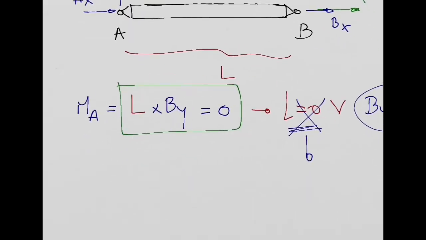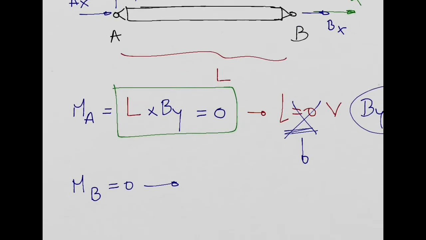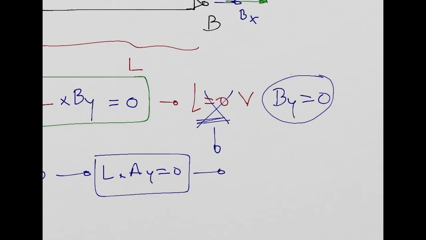If I do the same analysis, now calculating the moment about point B, and saying that moment equal to 0 to be in equilibrium, my conclusion will be L times Ay equal to 0. So this means I will need to have Ay equal to 0 as well.